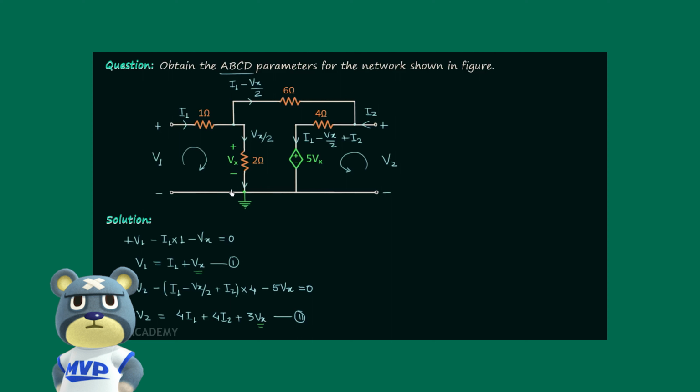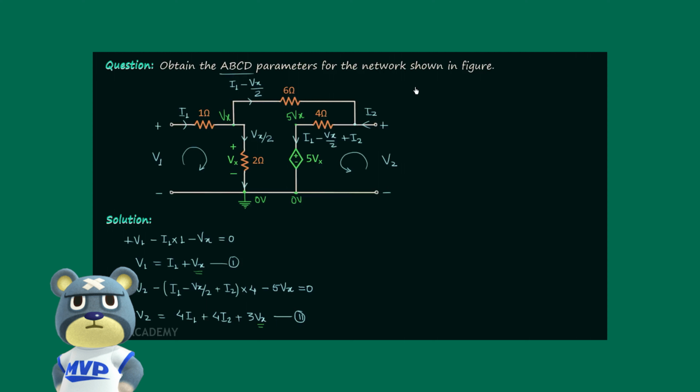Now if I connect this point to the ground, then the potential at this point will be 0 volt and the potential at this point will also be 0 volt, and therefore the potential at this point will be Vx and the potential at this point will be 5 times Vx. Now we will apply KVL starting from this point, following this path and ending at this point.